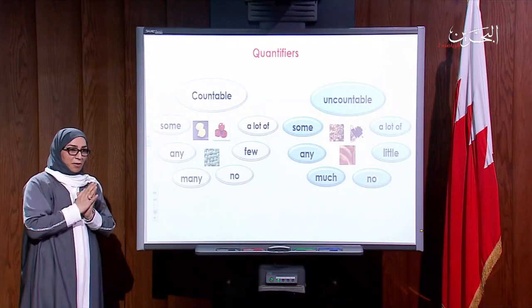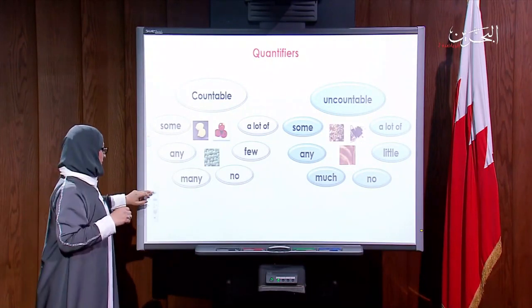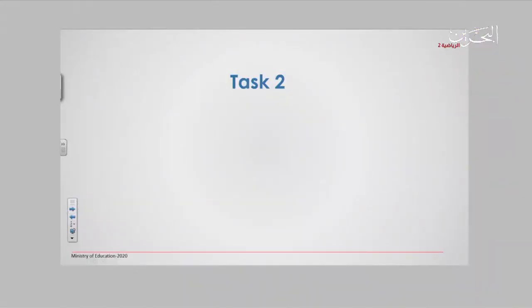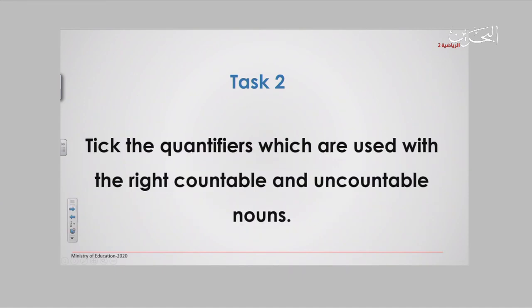Are you ready for some practice, my lovely students? Let's practice, which is task 2. Take the quantifiers which are used with the right countable and uncountable nouns.